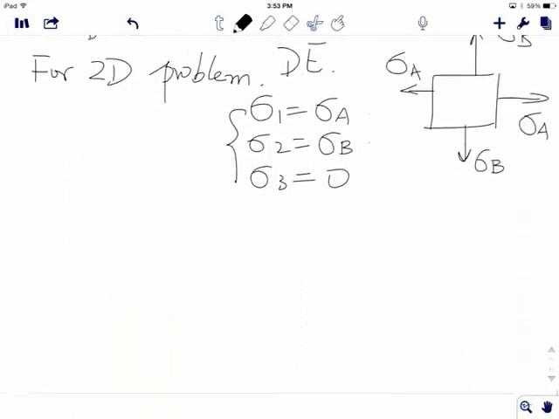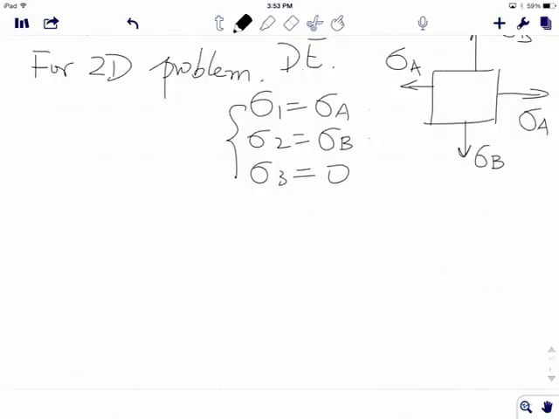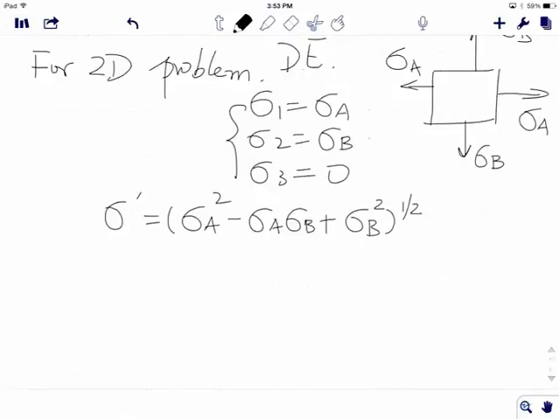Okay, so if you do that, then let's say this is sigma prime for 2D case. That is just equal to the square root of A squared minus AB plus B squared. All right, so this is what it looks like.